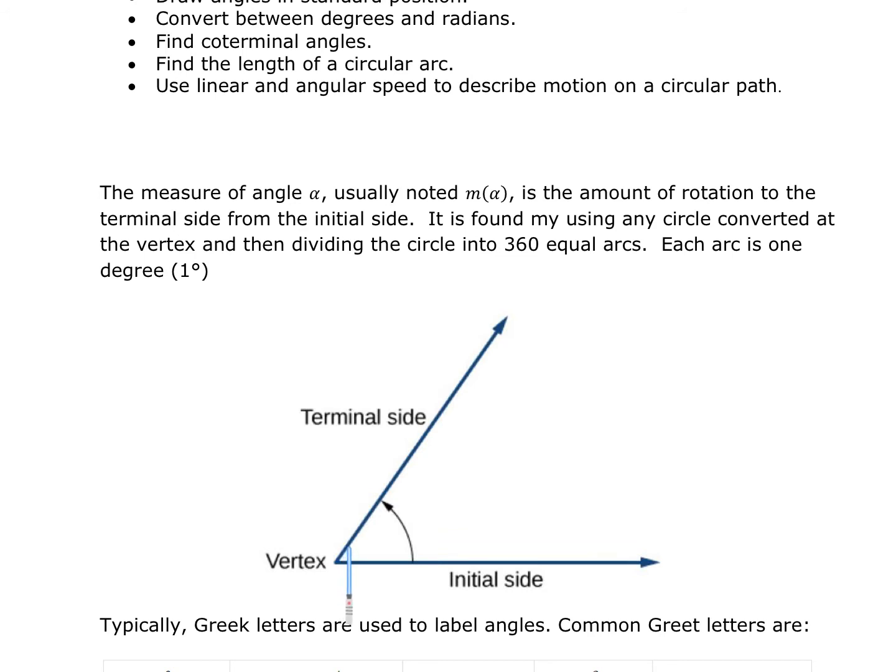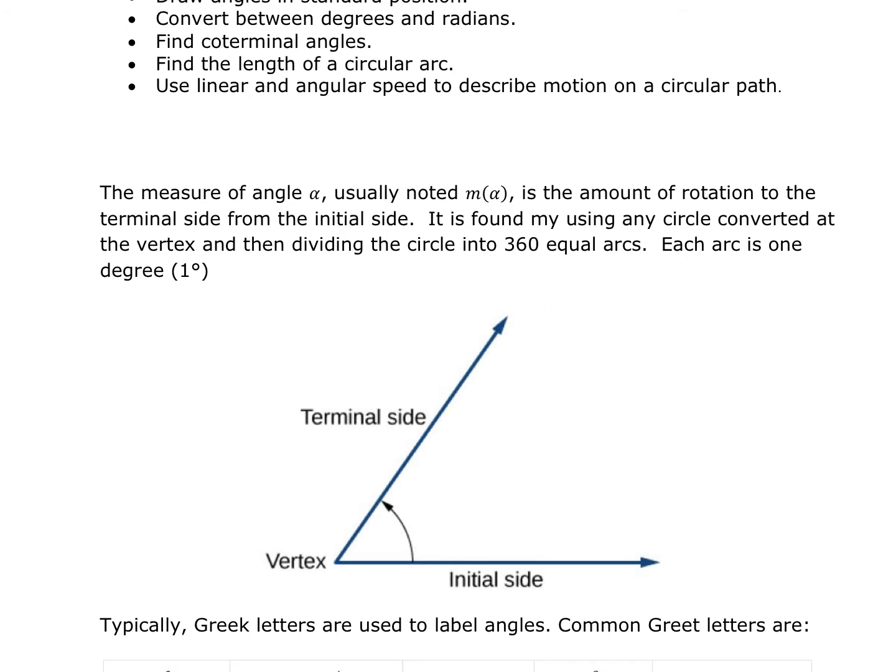Now, the way in which we find this rotation, how far did it rotate, the angle measure, is we take a circle, the circumference of the circle, if you will, and divide it into 360 equal arcs.